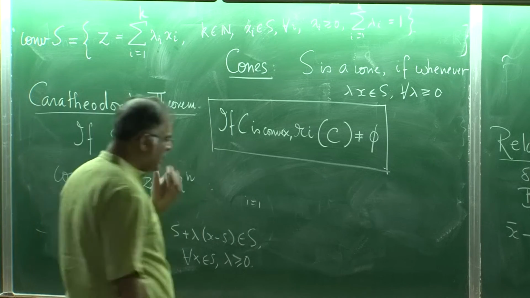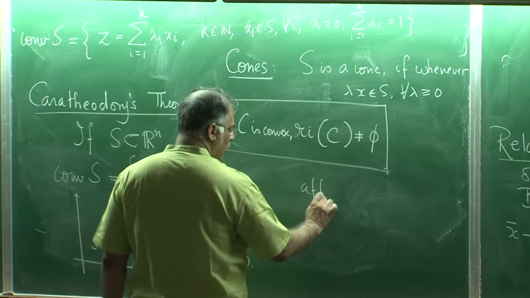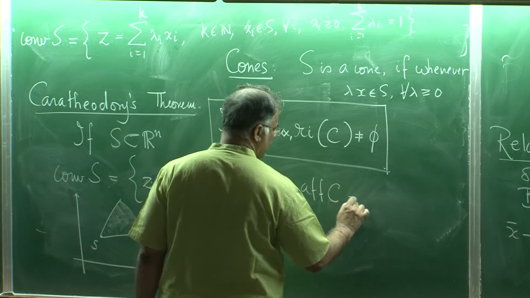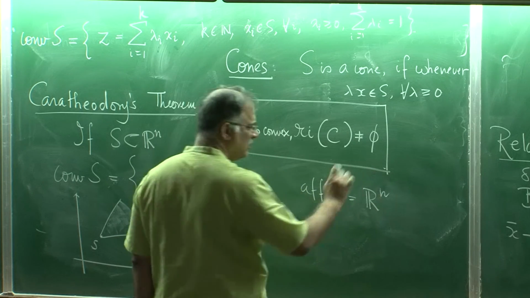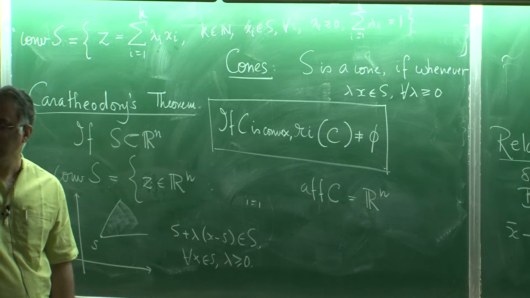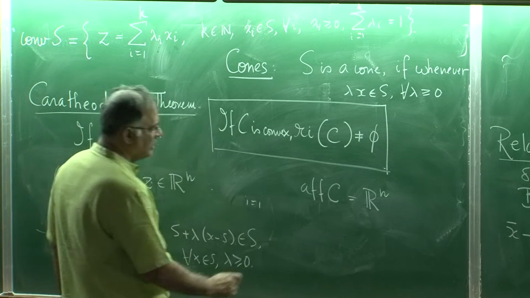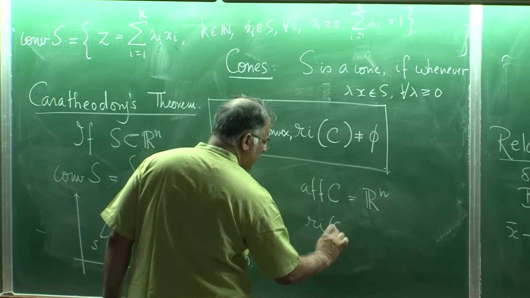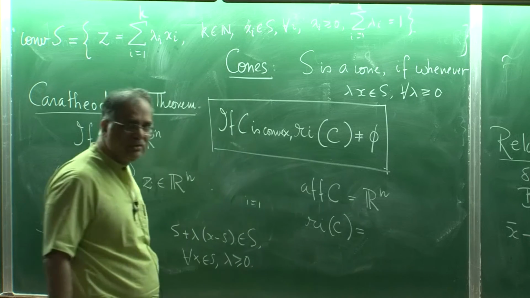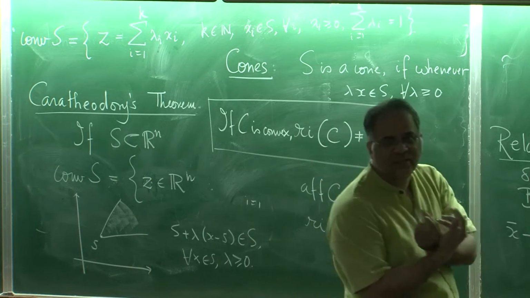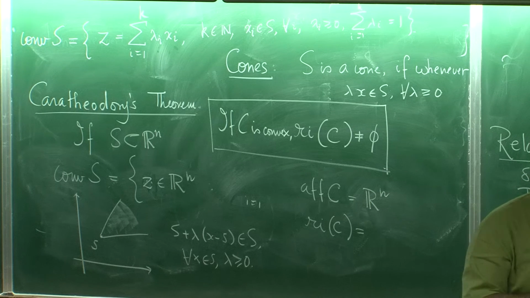Now, the interesting part is that if the affine hull of a given convex set C is Rn itself, then the relative interior of the set C is nothing but the interior, because now the ball would be inside the set, because the intersection of the ball with Rn is nothing but the ball itself.